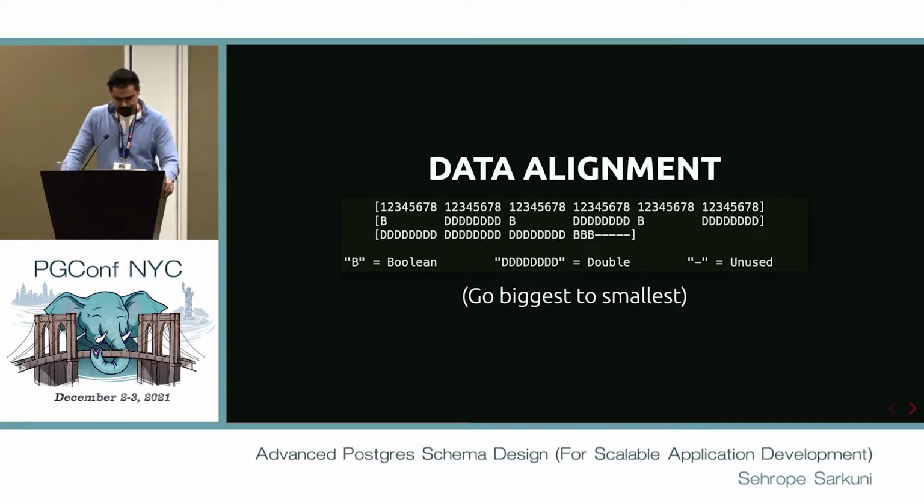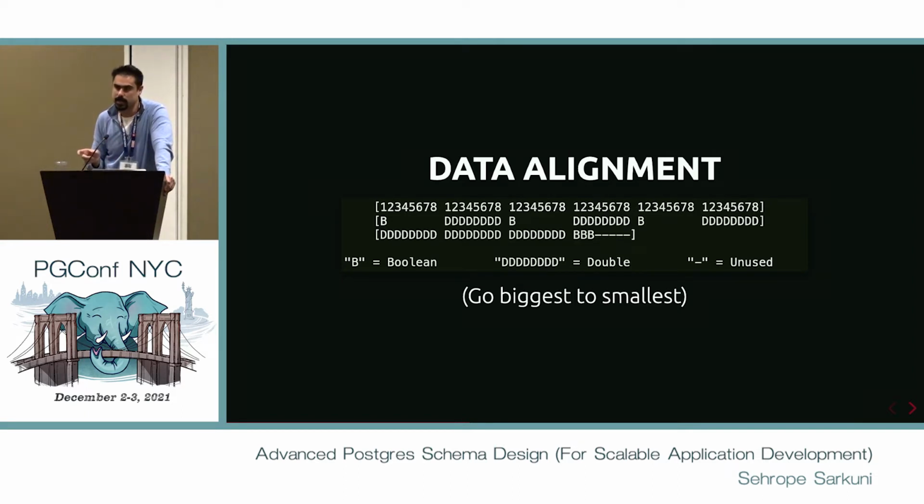What's also interesting is if you look at that second example where I have the double, double, double, and then Boolean, Boolean, Boolean, I can add 5 more Booleans to that without increasing the size of the row. Because the entire structure itself has to be aligned at least to the size of the largest element within it.